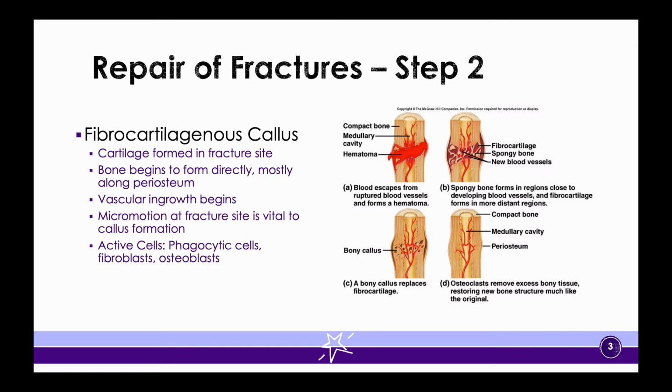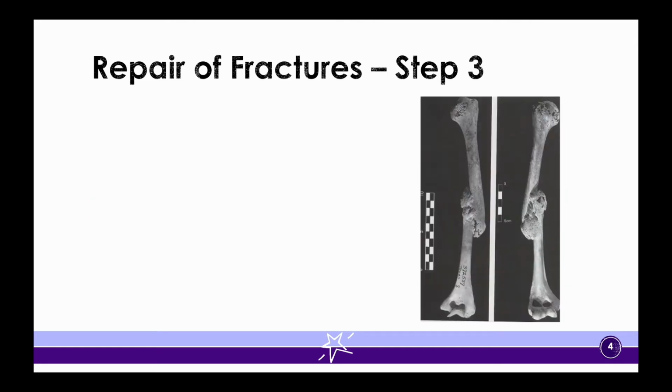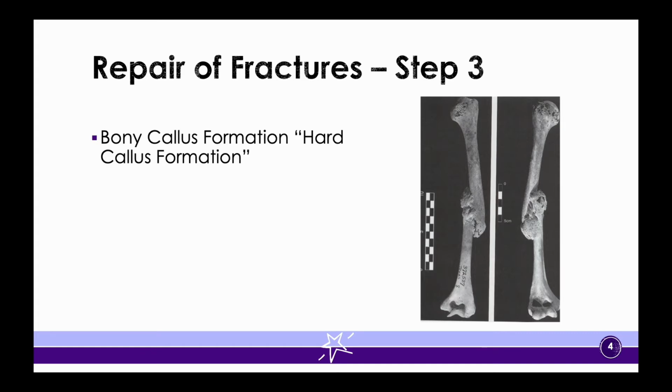The active cells that we're talking about here are all of our inflammatory cells, like the phagocytic cells and such, and also the healing cells like the fibroblasts that are laying down new tissue, as well as osteoblasts. And osteoblasts are the cells that are building new bone. So osteoblasts build bone.